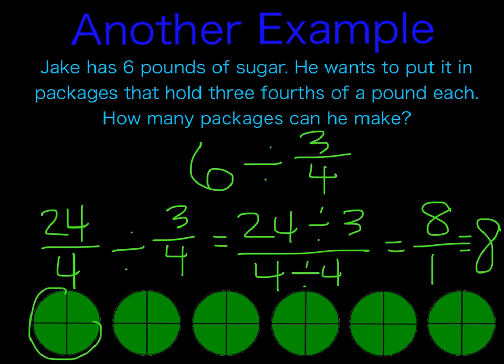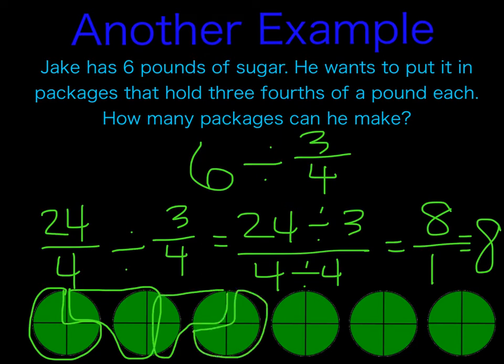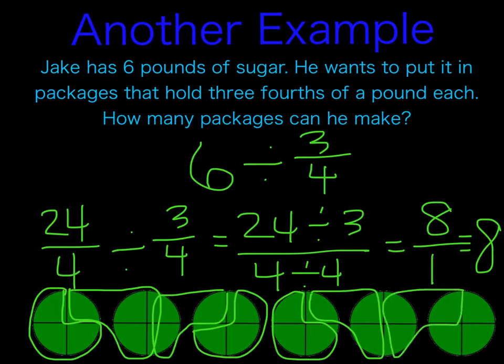So I've got 1 package of sugar, 2 packages of sugar, 3 packages, 4, 5, 6, 7, and 8. You can see I've got a total of 1, 2, 3, 4, 5, 6, 7, 8 full packages of sugar from the 6 pounds of sugar that Jake originally had. That's why 6 divided by 3/4 is equal to 8.